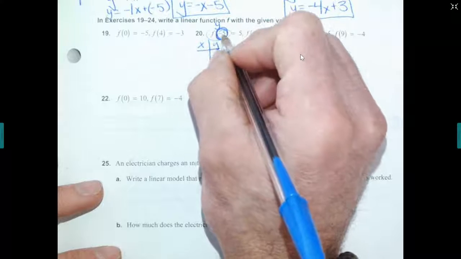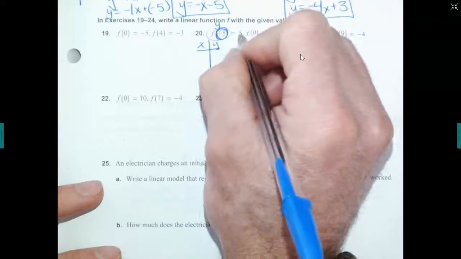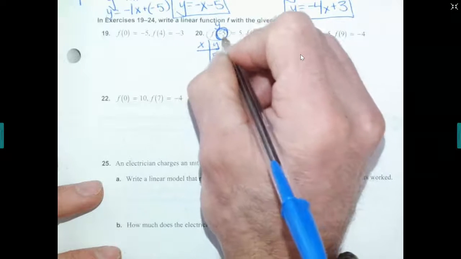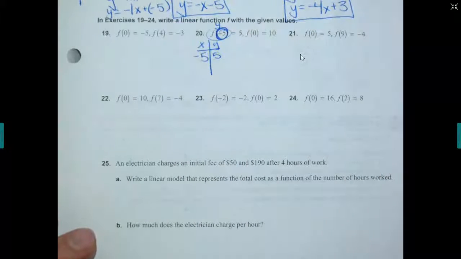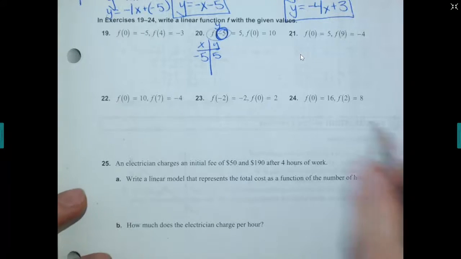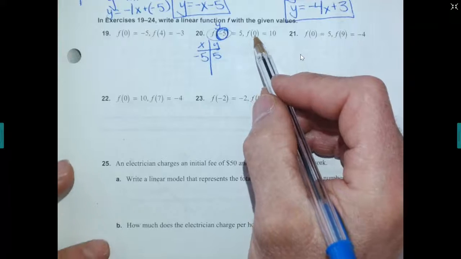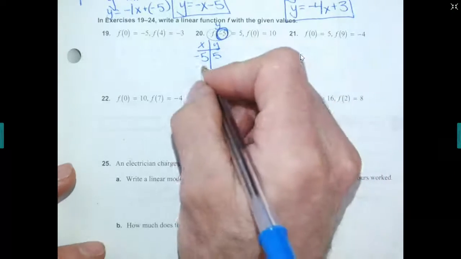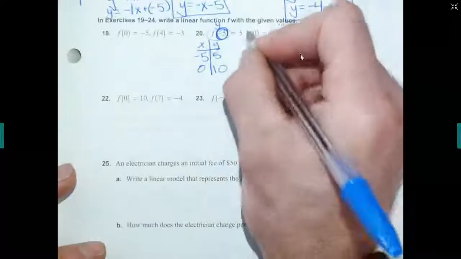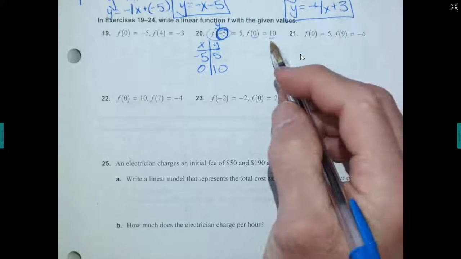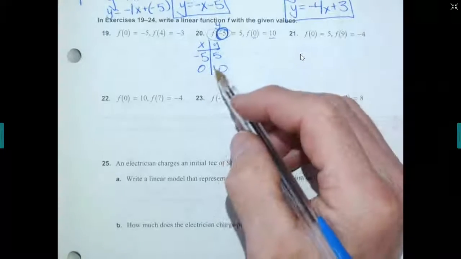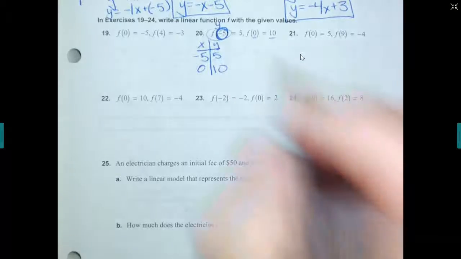So our end result is 5, and there we have negative 5. And then here we have what's the function if x is 0. Our y value is 10. So there we have our table.